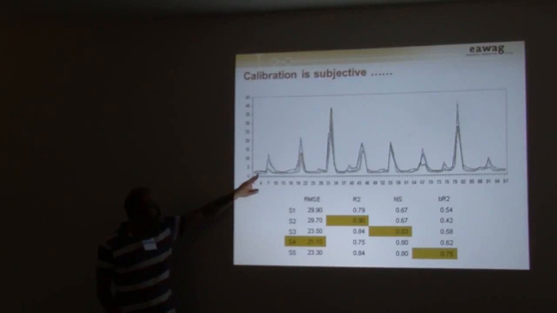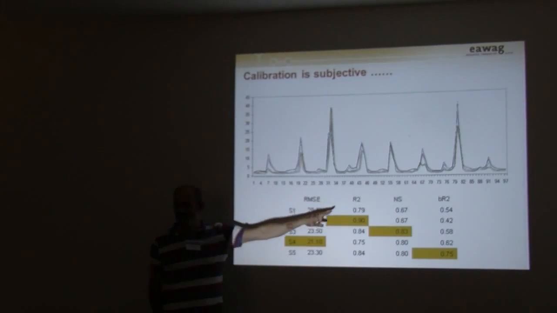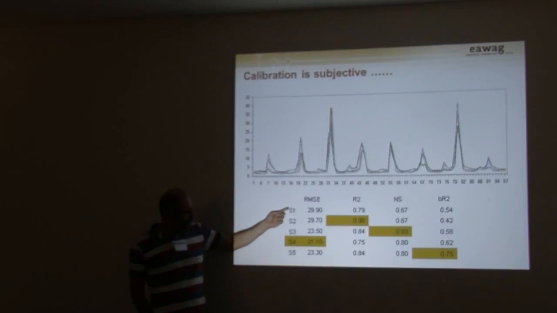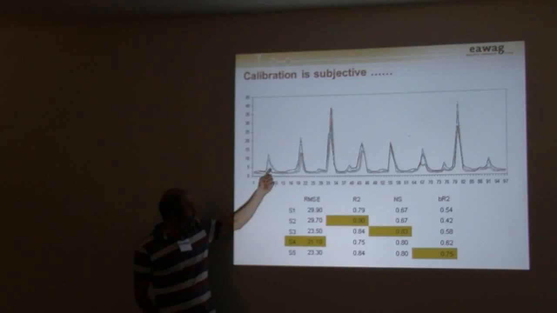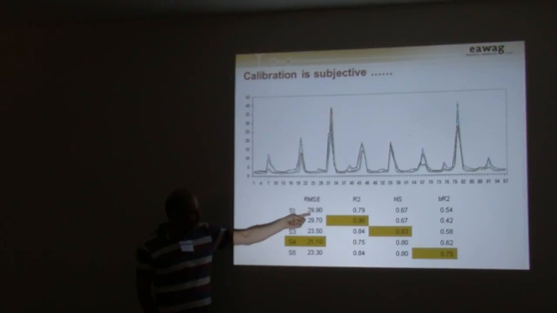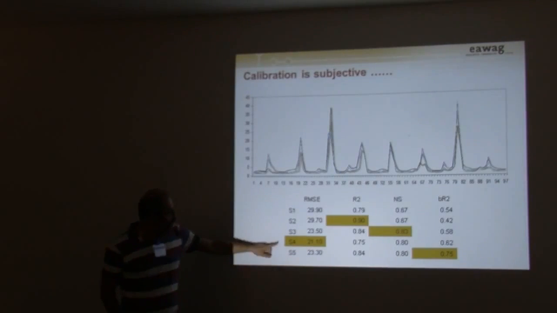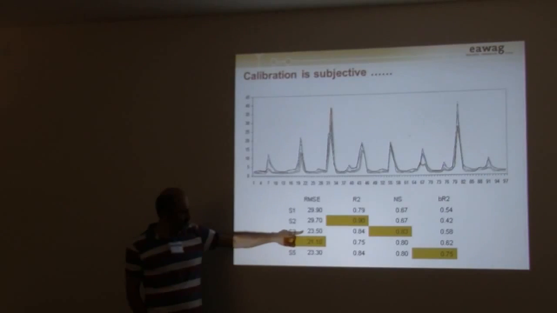Now you see, these curves come from the use of different objective functions. So if I look at the root mean square error, and there are about 5 different sets of calibration here, and you look at the value of root mean square error, you may find that this is the best one, but this is not too far off from this one.